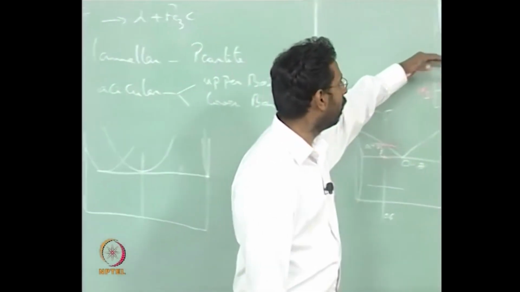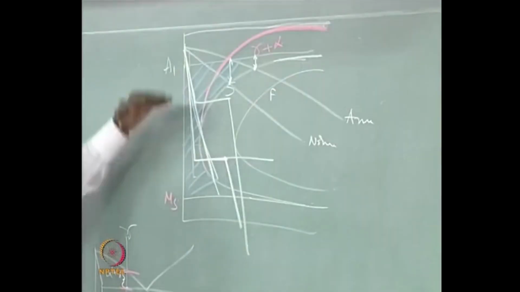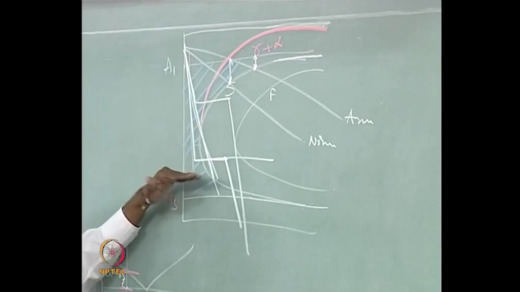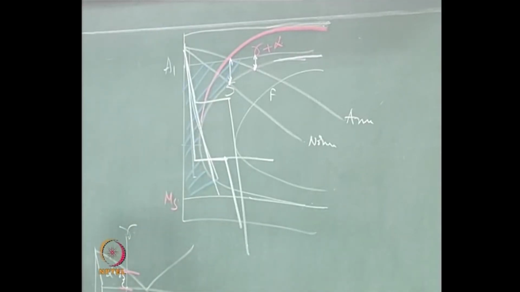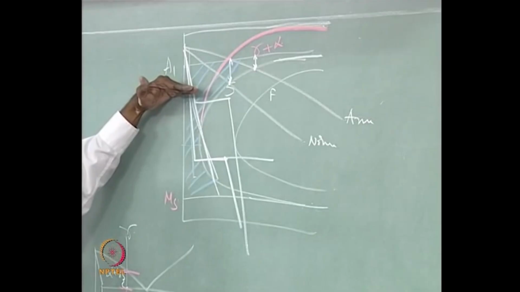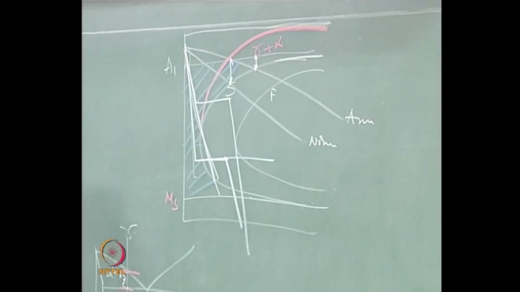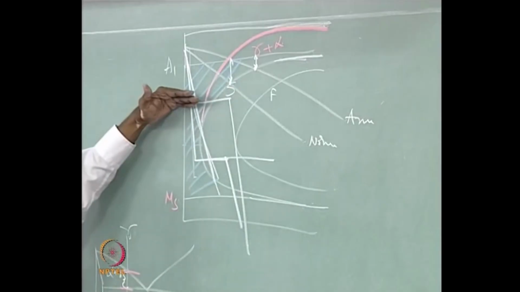Because of the diffusion problem, the gamma first gives you alpha of the same composition as that of the gamma. So it is a polymorphous transformation followed by precipitation, whereas here it is first cementite coming out and then alpha coming out. So that is the difference between this and this.